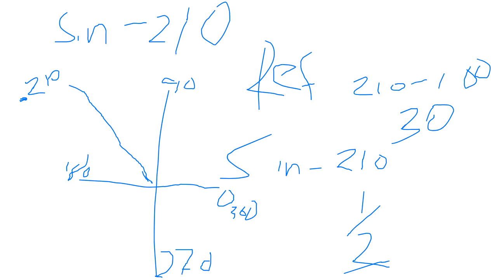Okay. Yeah, now I understand, sir. Okay, good. Because the sign tells you the direction where the angle is going. But wherever you get to, you always compare it with the x-axis.